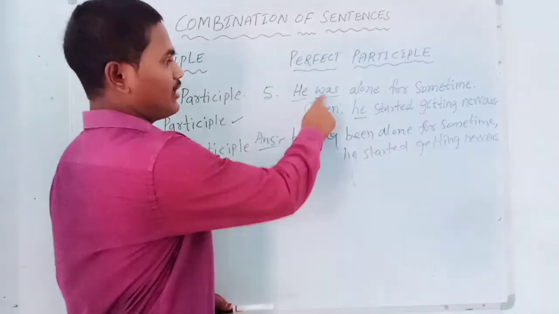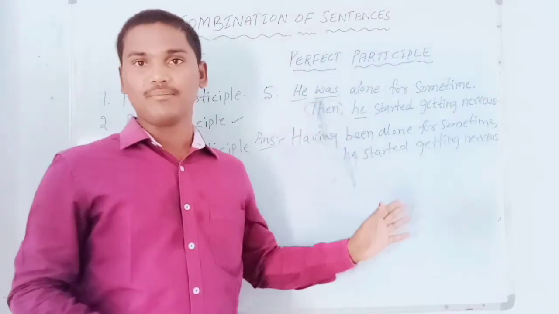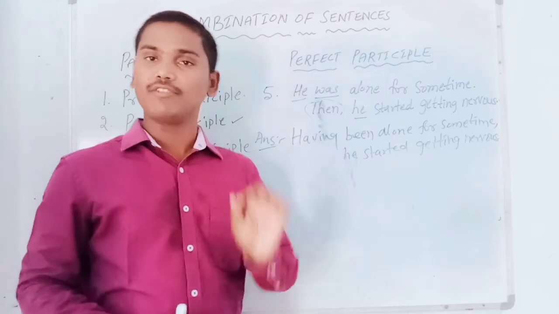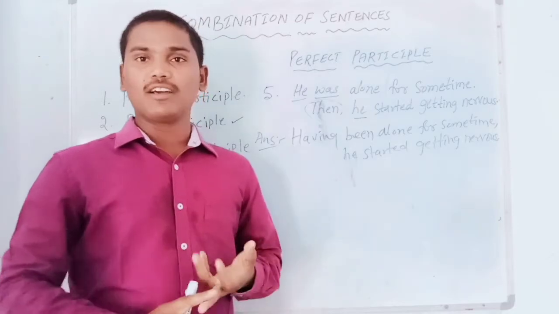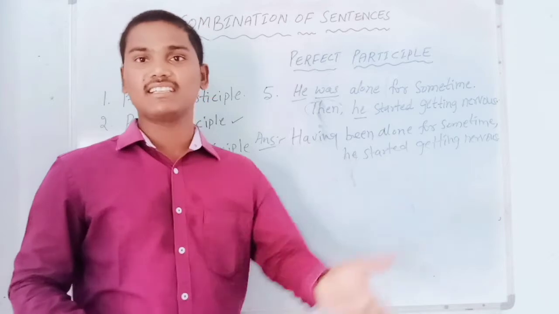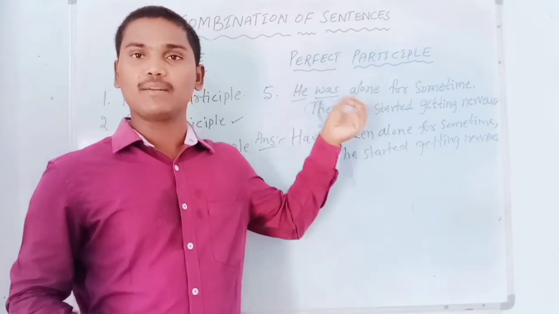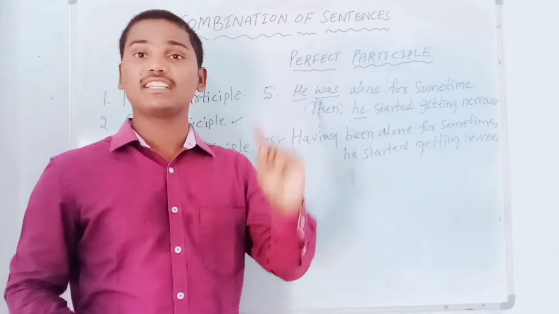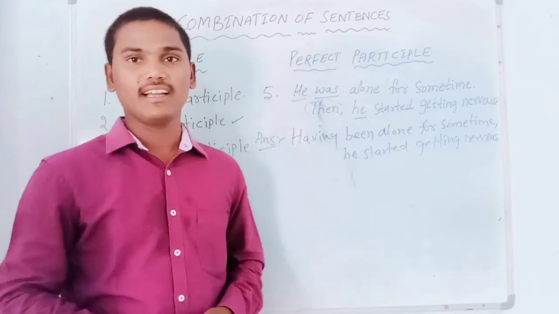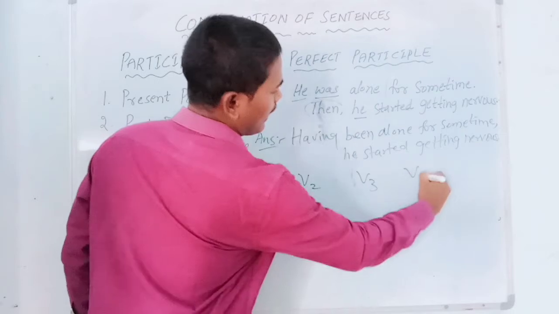Dear students, here was is the verb. Basically, that is the V2 form. So is, am, are are V1 forms. Was, were are V2 forms. Been is the V3 form, and being is the V4 form. So in a present participle situation, we use the V4 verb form being. Okay, let me write down V1, V2, V3 and V4.